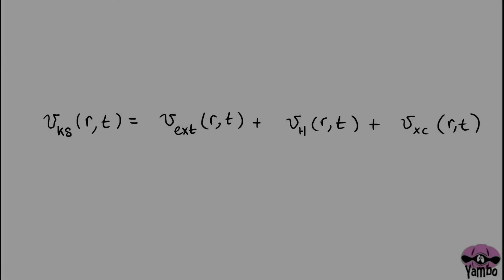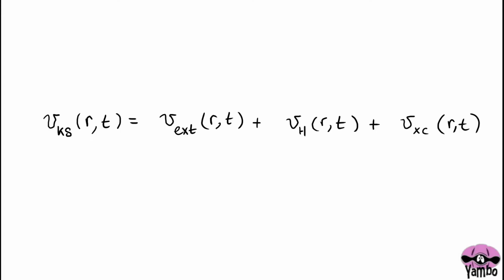In the previous lecture, besides the independent particle approximation, you also have seen the time-dependent density functional theory and the time-dependent Hartree. A difference with the independent particle is that part of the Kohn-Sham potential, in particular the Hartree part and the exchange and correlation part, depends on the time-dependent density.